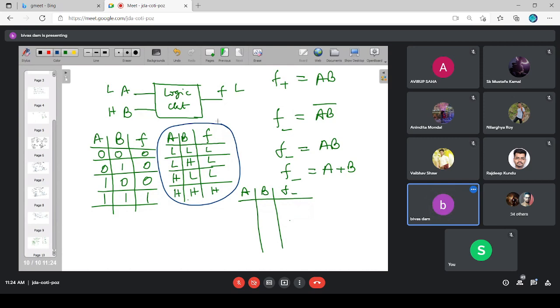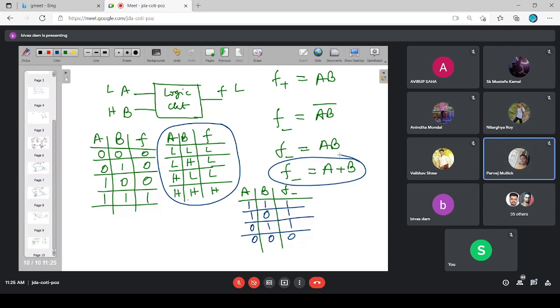It is now 1. So it is now 1 1 1, then 1 0 0, then 0 1 0, then 0 0 0. So the output is 0 only when both the inputs are 0. Output is true whenever at least one input is true. So this is nothing but OR gate.